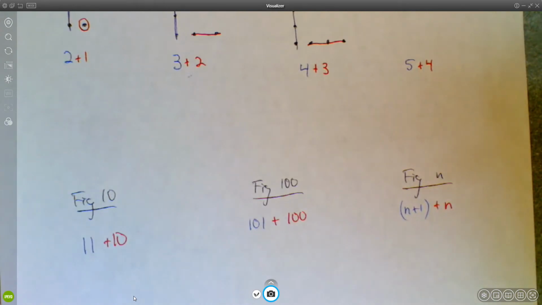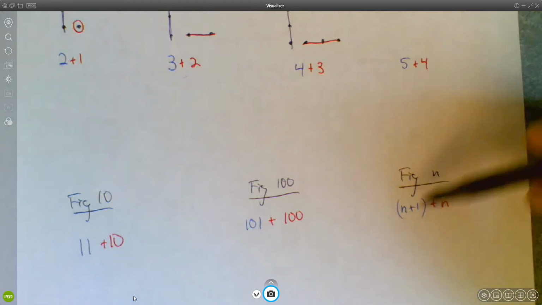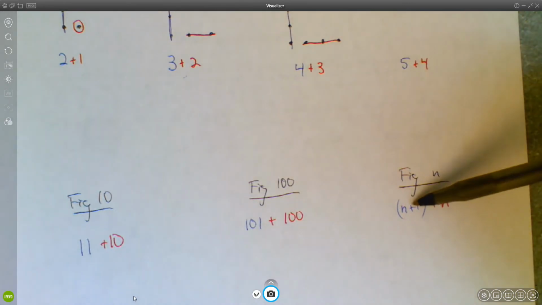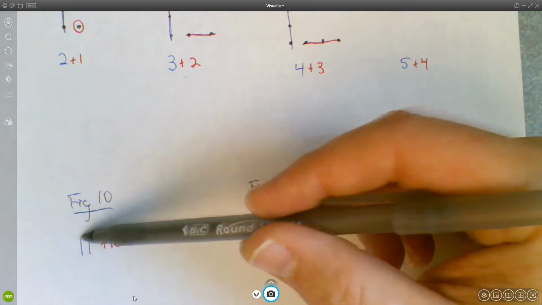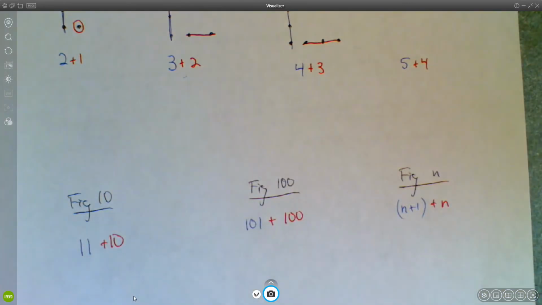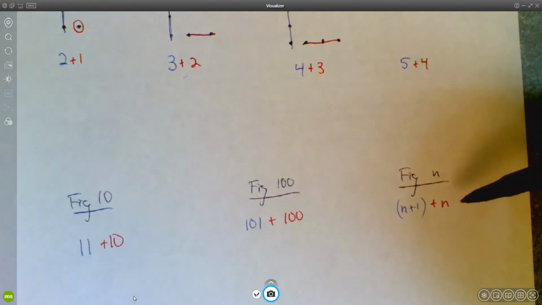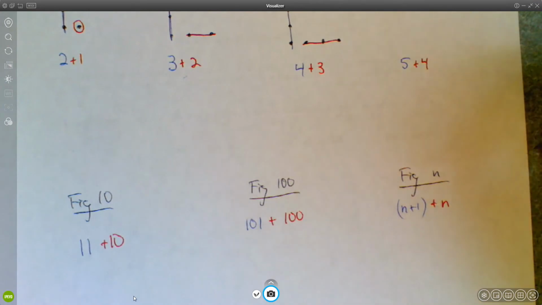And whenever you get to figure n, I want you to simplify this. So I put parentheses around the n plus 1 just to emphasize that that's supposed to represent one number, right? That's supposed to represent the blue part of the figure. But when you actually go to simplify this, those parentheses aren't doing anything.